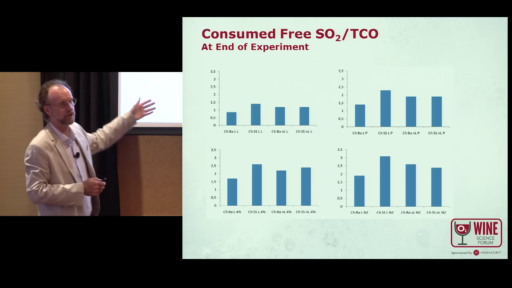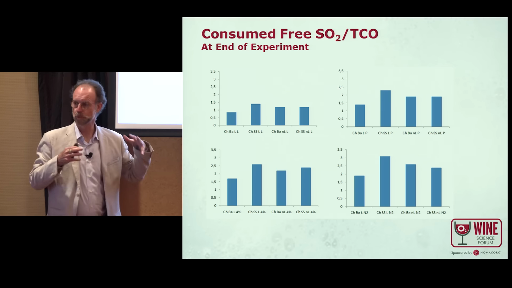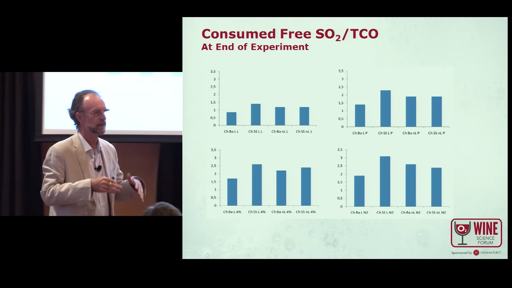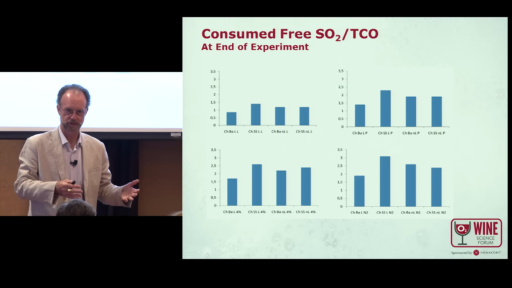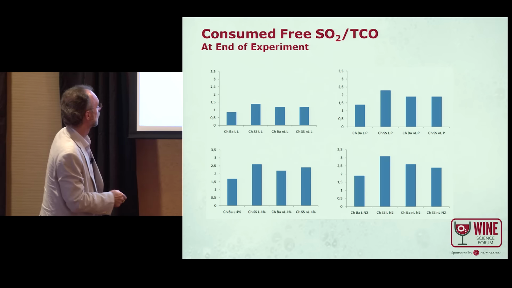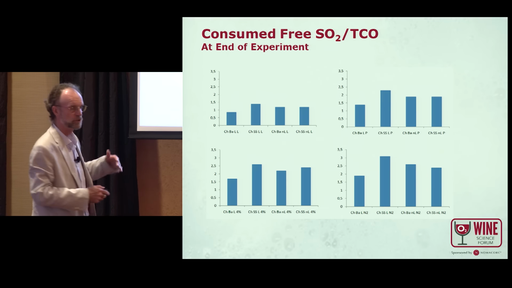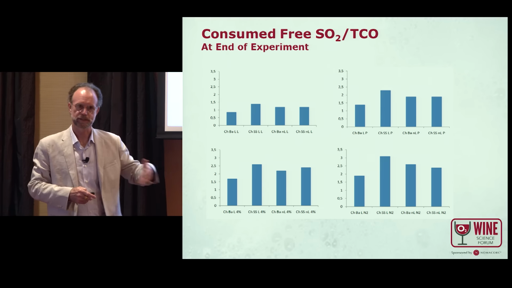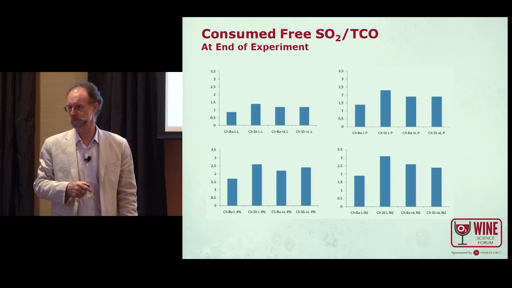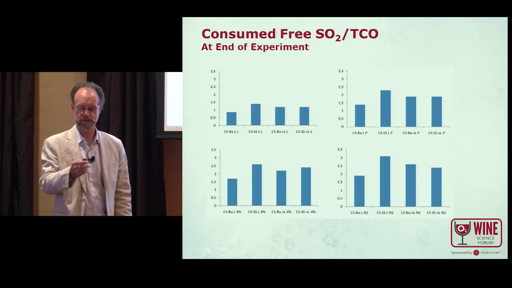But it's a very good way of measuring whether or not the SO2 is working as an antioxidant. Here, so much oxygen is coming in that the SO2 can't keep up. These wines were down to about 4 milligrams per liter free SO2, and we're definitely getting oxidized.